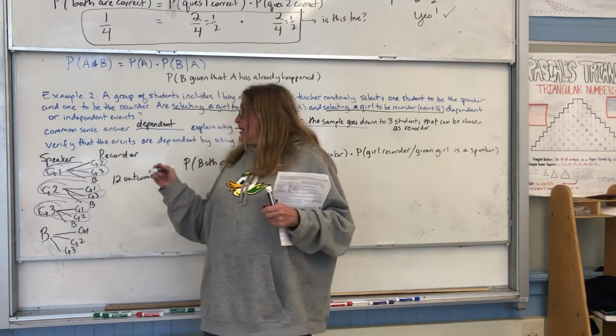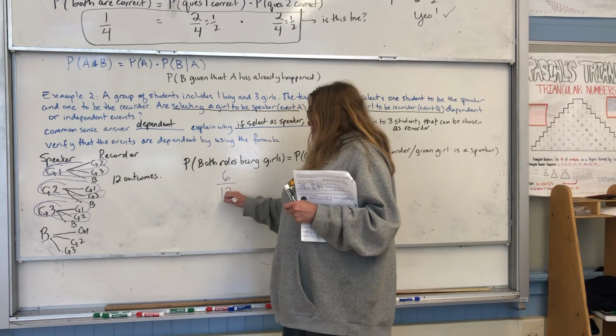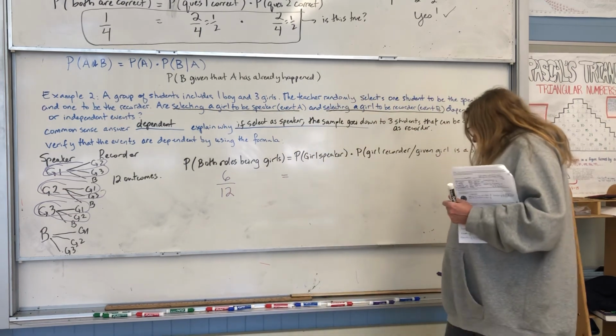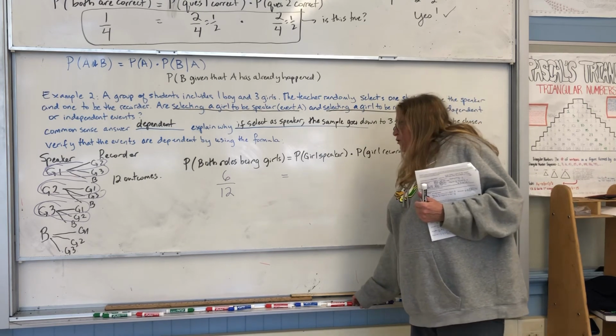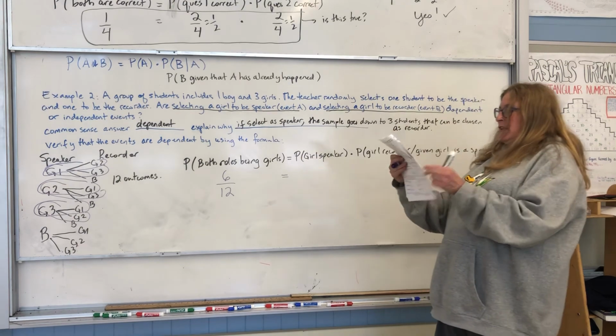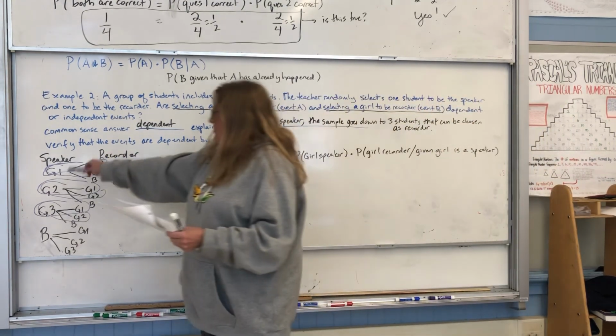There are 6 possibilities that both of them are girls out of the 12. Okay, what is the probability that the speaker is a girl? Well, let's look here. It's 3 out of 4.